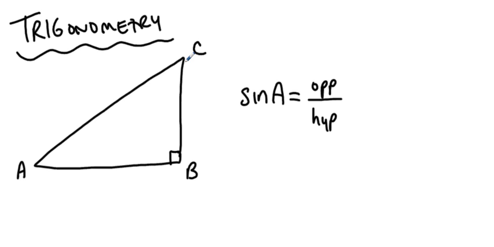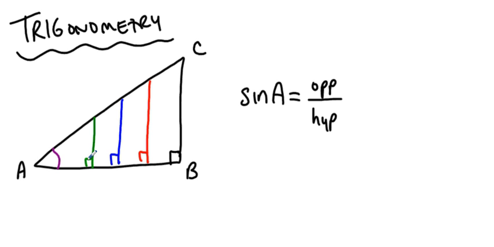Now, the sine of A, that ratio will hold constant, because no matter what size triangle I'm working with, all of these triangles, these four right triangles that share this common angle, we know they're all similar because this angle is in common to all four triangles, and there are right angles.